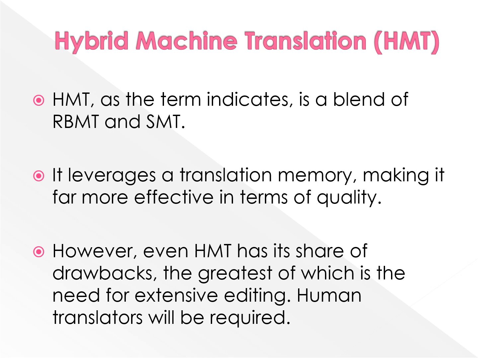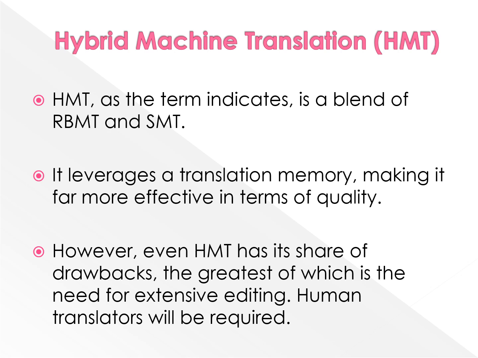The next type of machine translation is called hybrid machine translation. So hybrid means a combination or a blend. In this case, HMT is a blend of RBMT and SMT. So it leverages translation memory, making it far more effective in terms of quality.